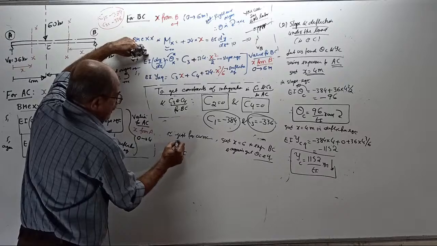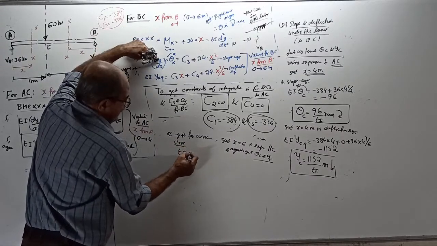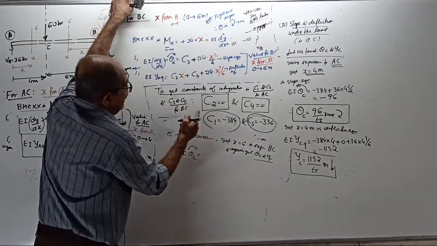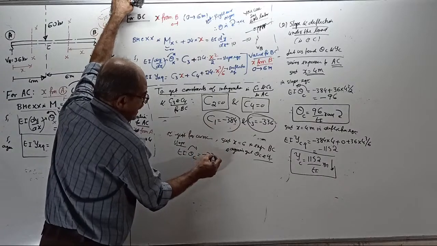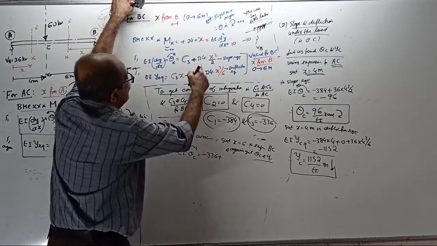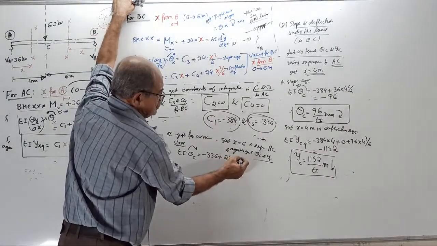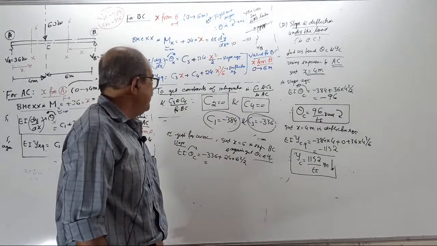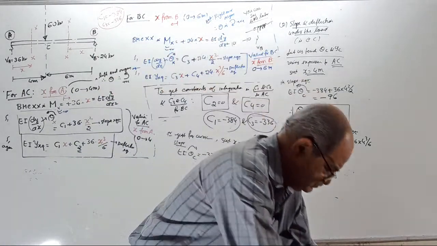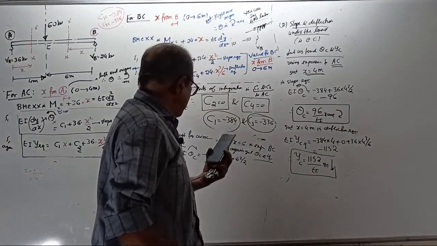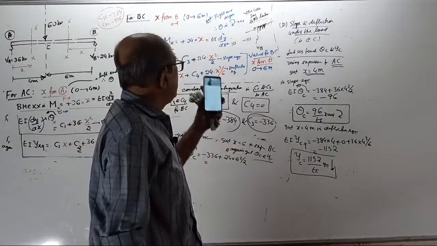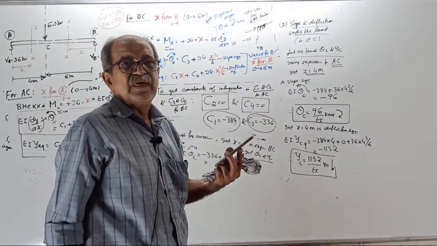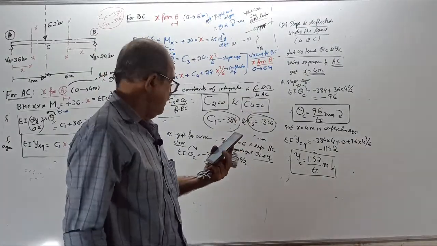EI theta C, this time clockwise positive, equals C3, where C3 is minus 336 plus 24 into 6 square by 2. If I use that equation, it has to come the same. Minus 96.